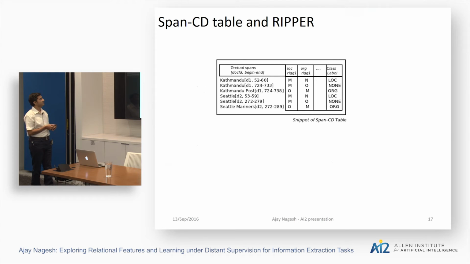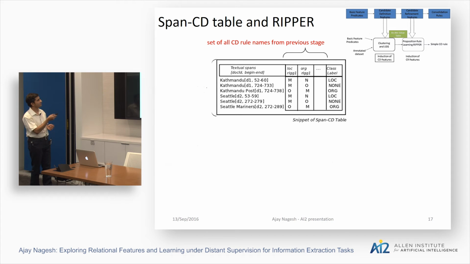At the end of this we construct this span CD table, explained with an example here. As columns we have the set of all candidate definition rule names from the previous stage, and the rows are the set of all spans returned by every CD rule.